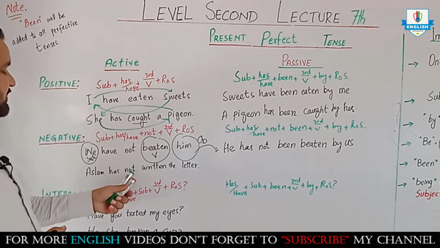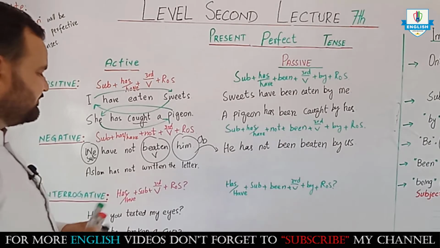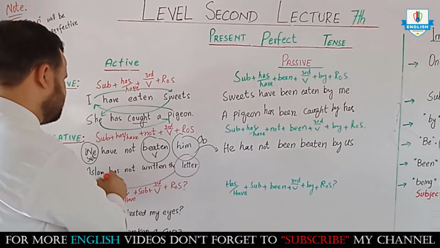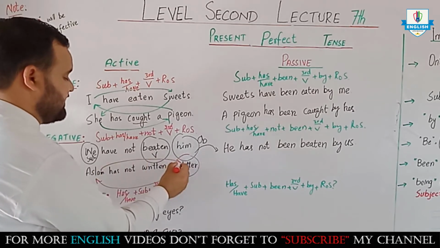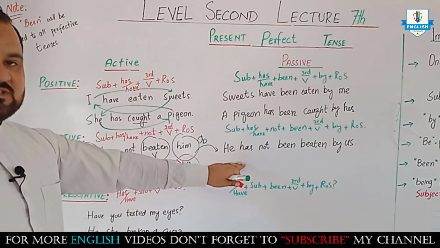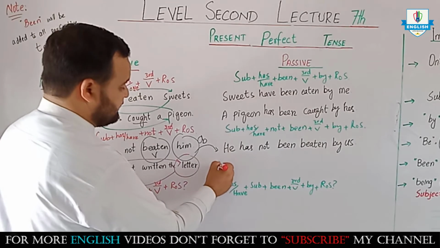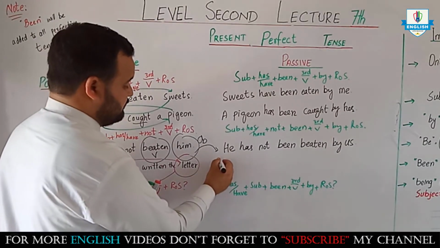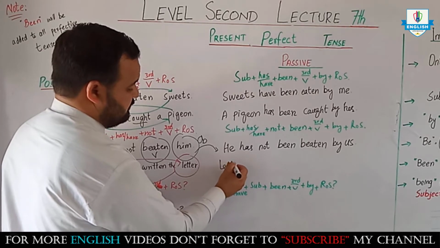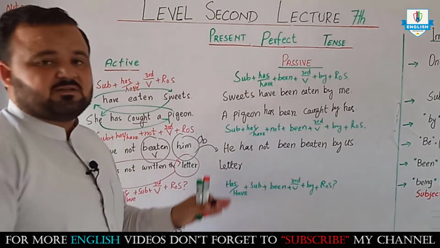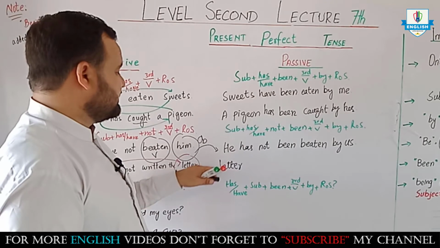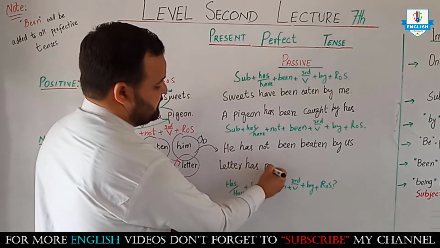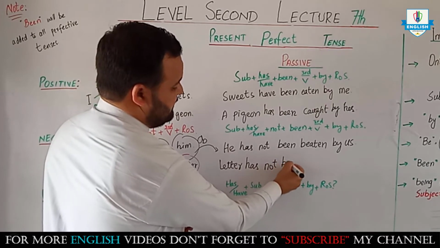Aslam has not written the letter. Object will come in place of subject, and subject will come in place of object. Got it? In passive structure. Letter. Letter is singular noun. Letter has not been.